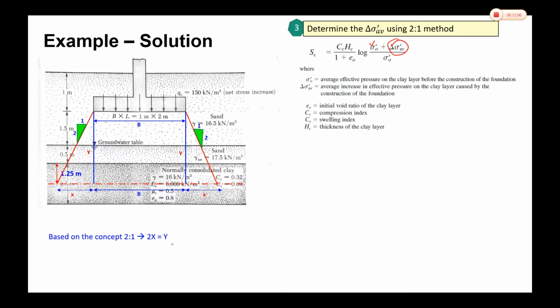So that's why 2X will equal Y. So now we can say that the total length of the stress increase below the foundation here is actually B plus Y, because we have X plus X which becomes 2X, and 2X is equivalent to Y. So the length here is B plus Y. Then in the L direction, it will be L plus Y.